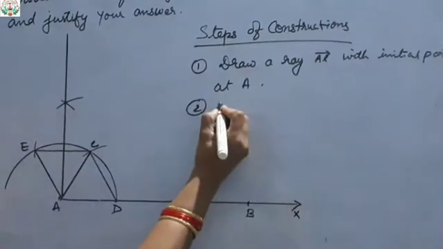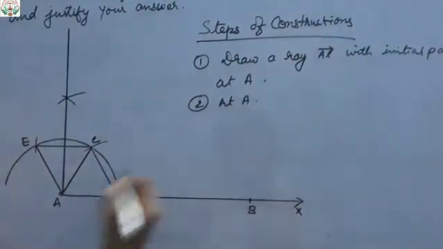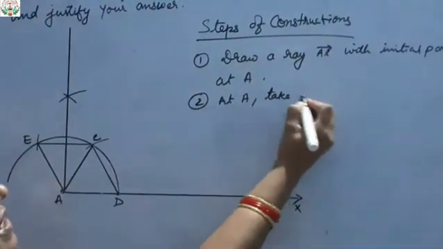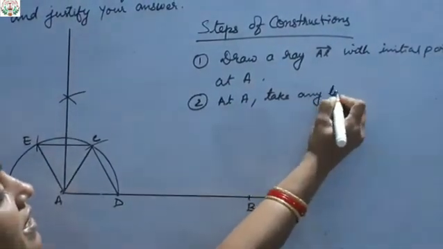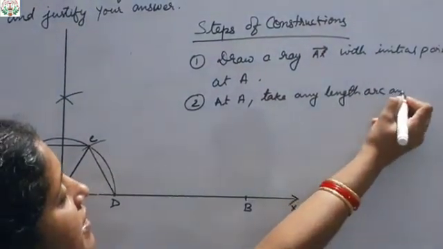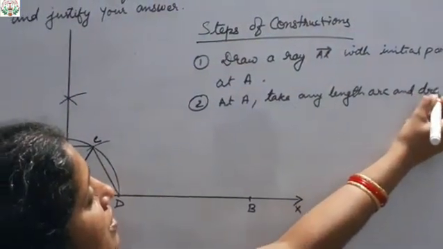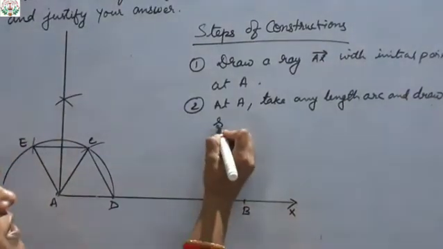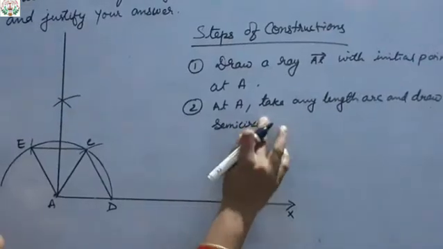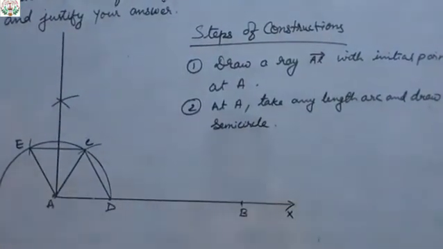At A, take any arc, take any length arc and draw semicircle. Okay.